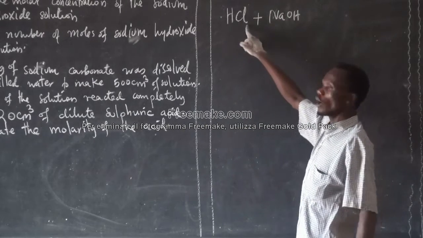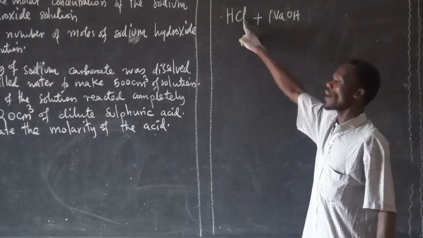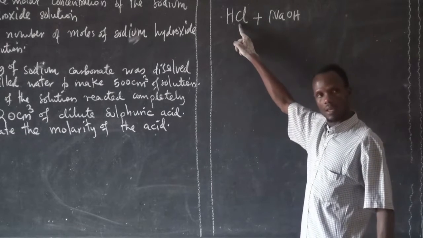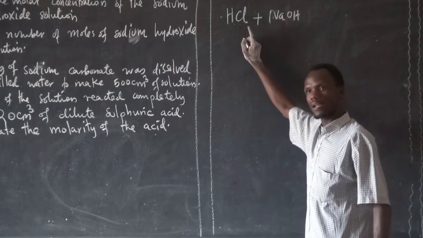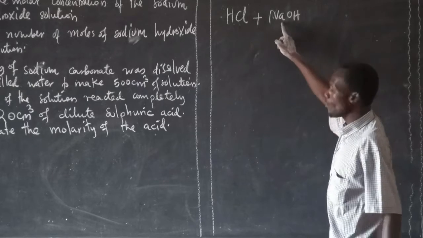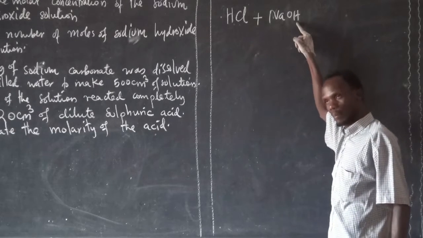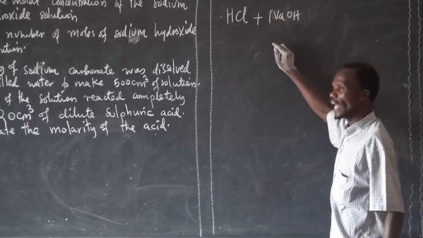Now, hydrogen is a monovalent element, and chlorine is a monovalent element, and that's why we have written no number here. So now we have written HCl. Sodium is a monovalent element, and hydroxide is a monovalent ion, and that's why we don't find any number.